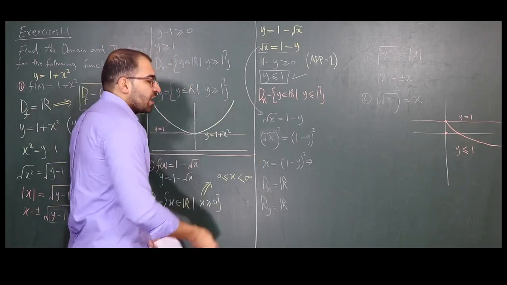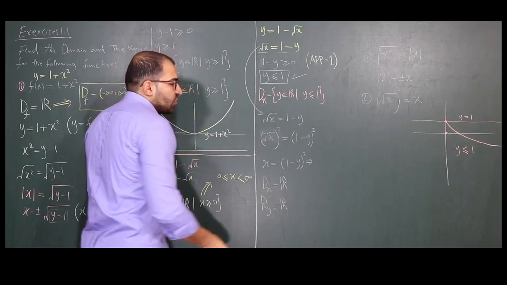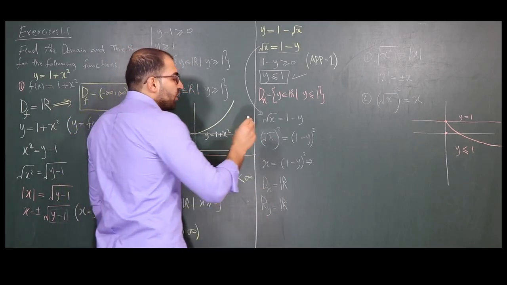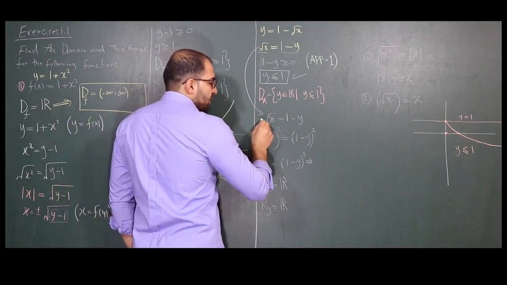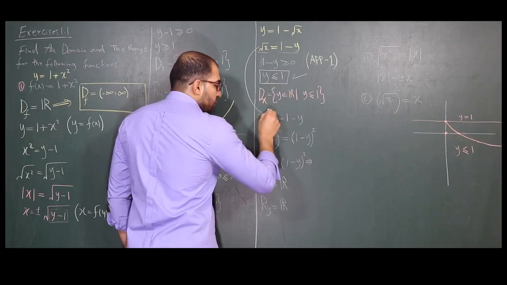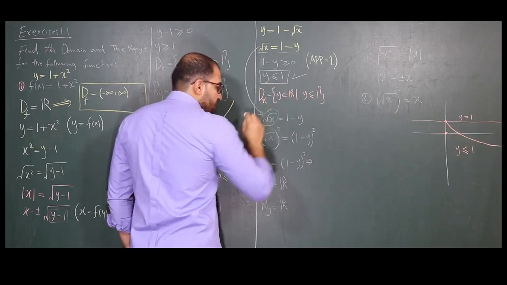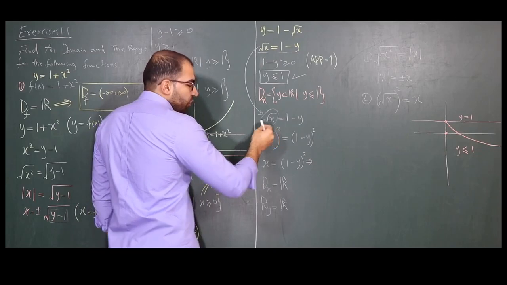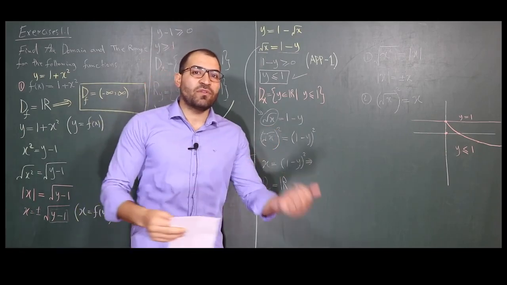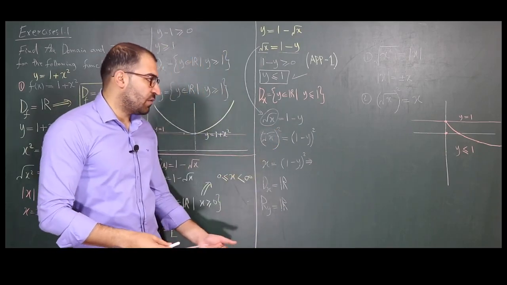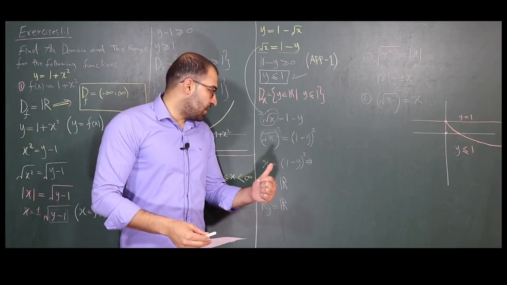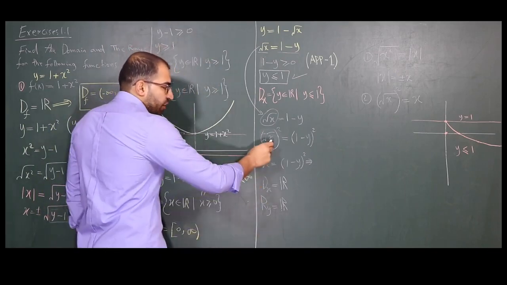Why did we get this output? We got this output by squaring this term, because if we square this term, we add a new half of the real line, which is the negative half. And in reality, we don't need to square here.